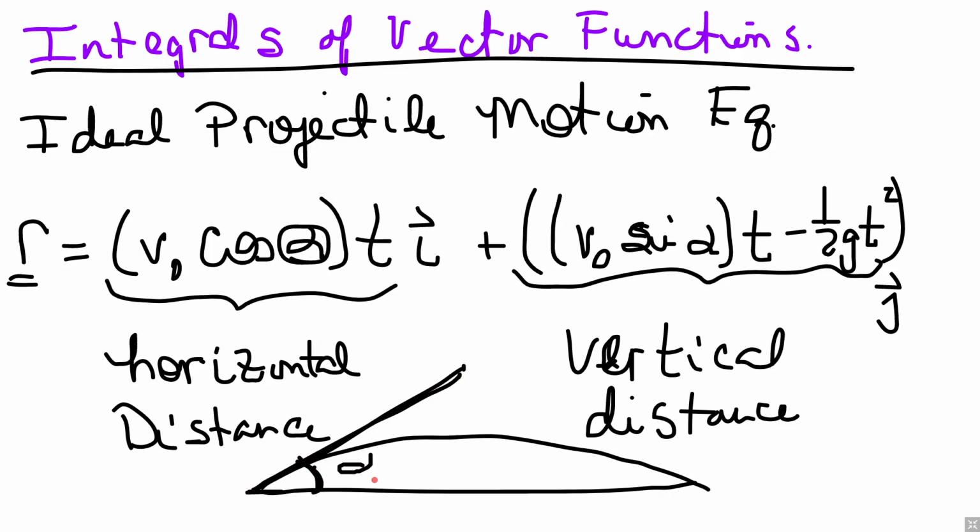So this is alpha, the angle formed for the initial bit of the projectile. G stands for the constant for gravity. All right. Any questions there?